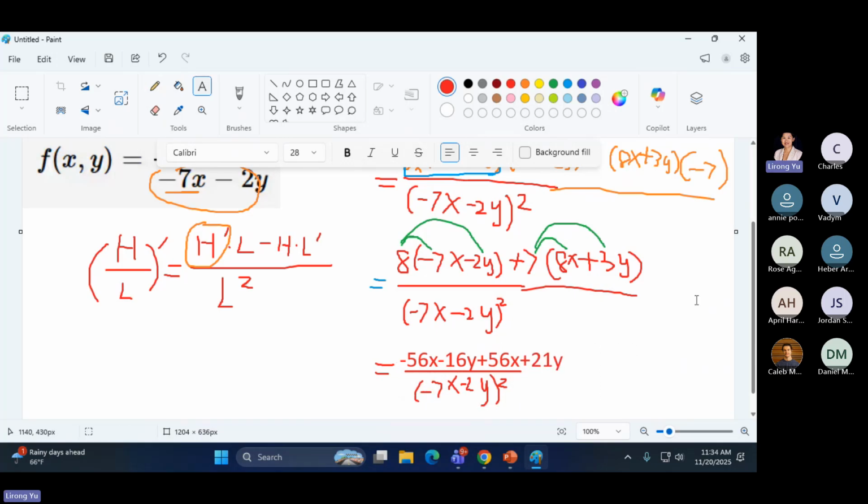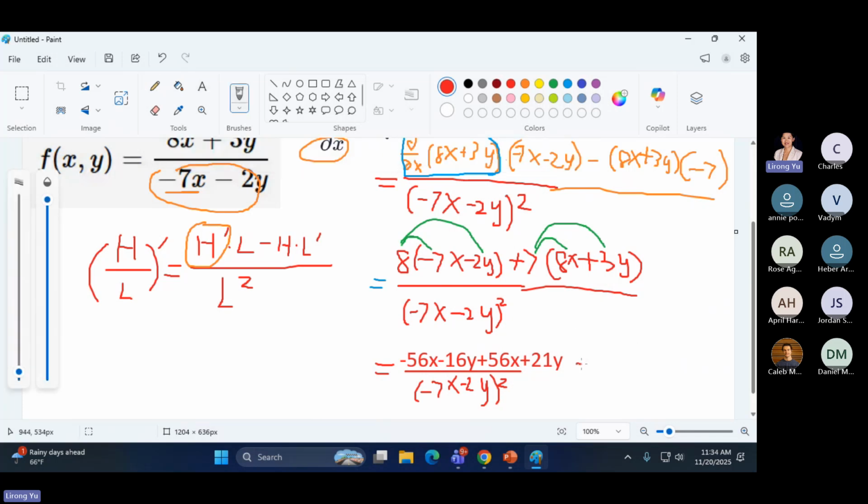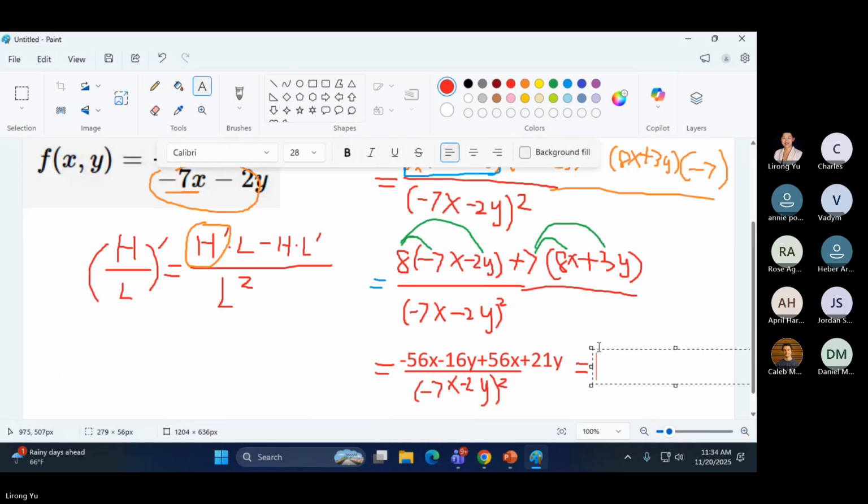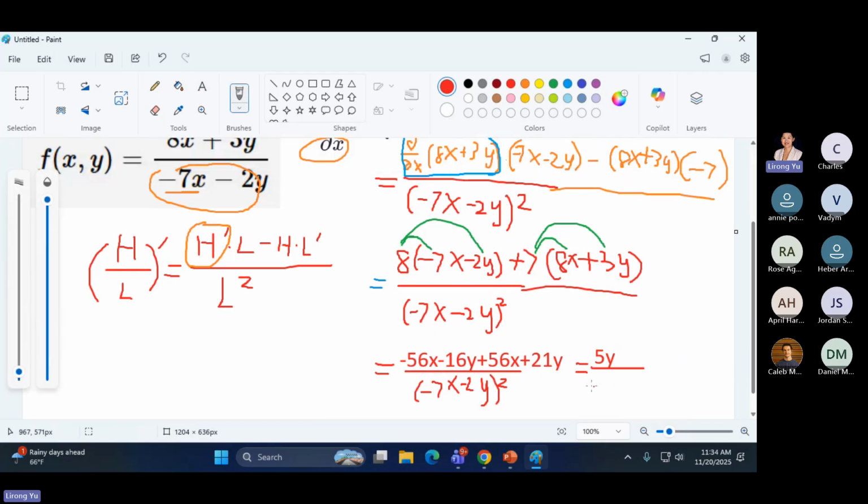That's after we distribute the coefficients and realize the negative 56x will cancel the positive 56x. So the numerator really is 5y. Right, 21y minus 16y, 5y is the numerator. And then again, there's no change to the denominator, so negative 7x minus 2y squared.